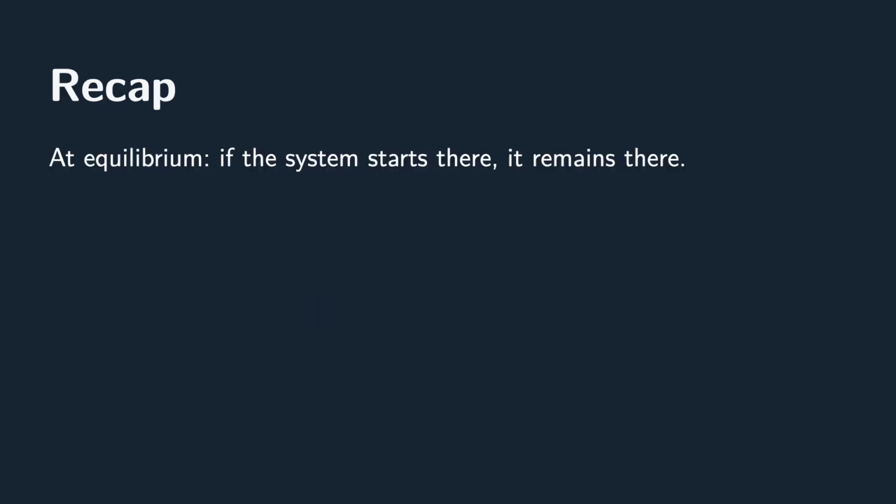To recap, an equilibrium point is a value or configuration where, if the system starts there, it can remain there. For the simple first-order form, x dot equals f of x, we find equilibrium values by setting f of x equals 0 and solving for x.